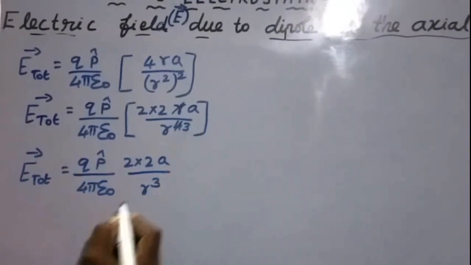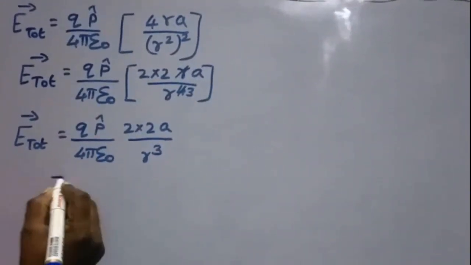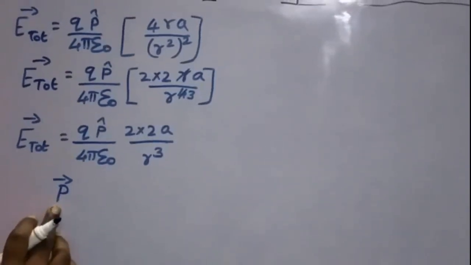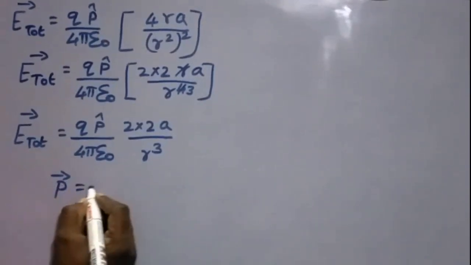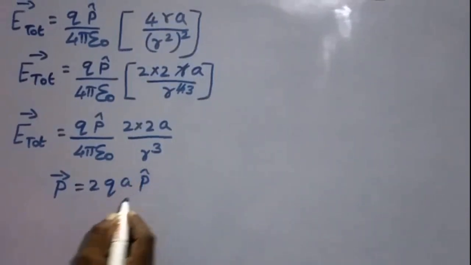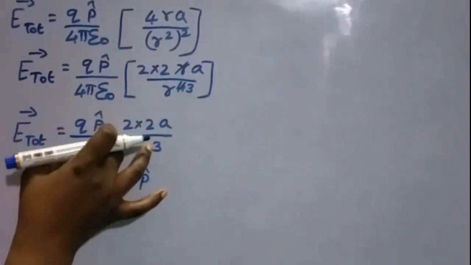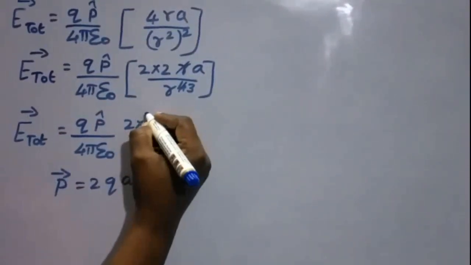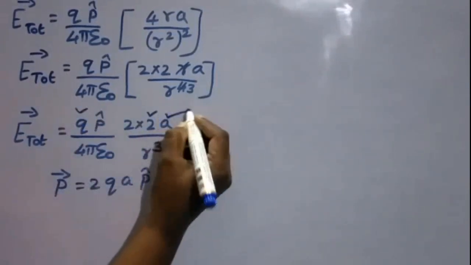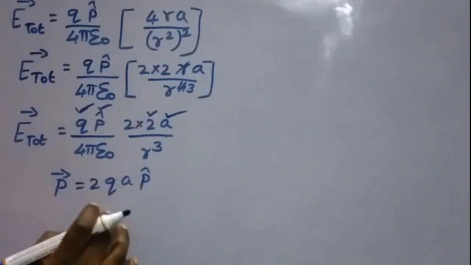Now we are going to introduce one more term, p vector. P vector is the electric dipole moment. The formula is 2q a p cap. We are inserting this term into this equation. So instead of 2q a p cap, we are introducing this term.